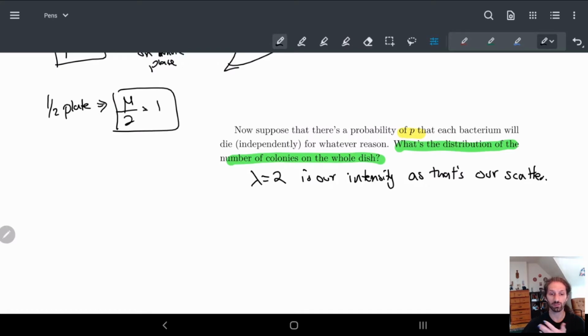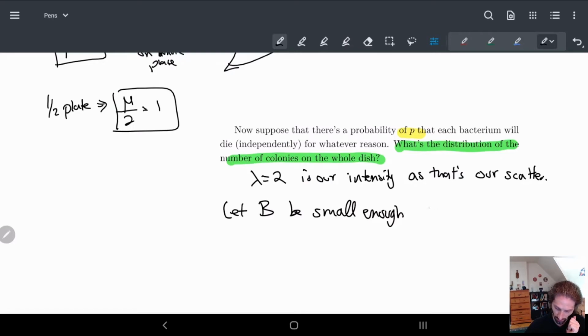So how do we do this? Well, we take some area. First we're going to take an area that's small enough. So let B be small enough that it contains exactly one colony.